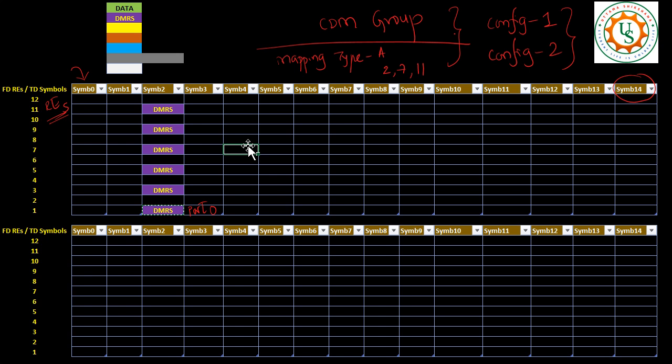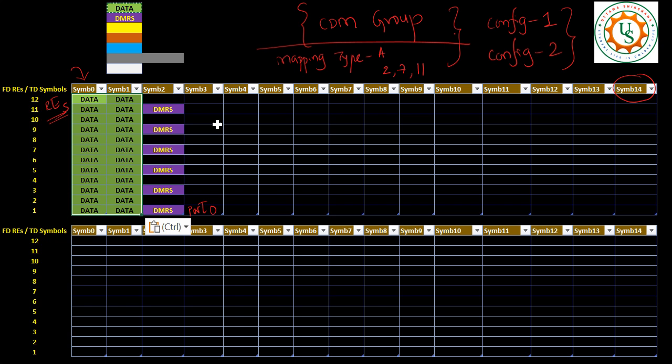Now, if we are talking about CDM group 1, then we are talking about CDM group without data. Without data is PUSCH data, or it can be PDSCH data if it is in the downlink. Usually this data will be occupied on those REs.